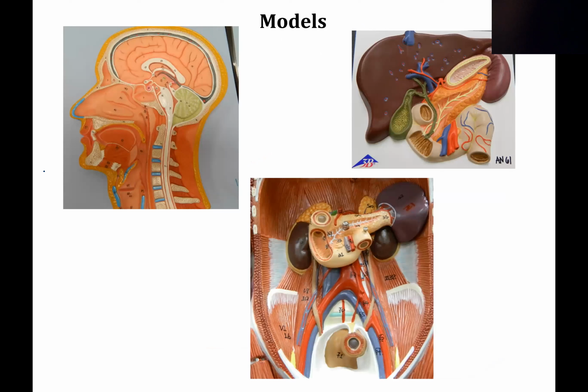So with the models, again, you have the pharyngeal tonsils, the palatine tonsils, and the lingual tonsils. Here is the spleen.